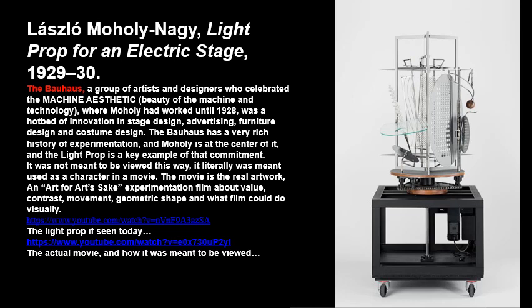Now, the prop itself sports all the Bauhaus hallmarks. It's got geometric shape and form and pattern, and it moves. It has no color. It's made with modern materials. But really, the true artwork is the film. Black, white, gray. That's the real artwork.